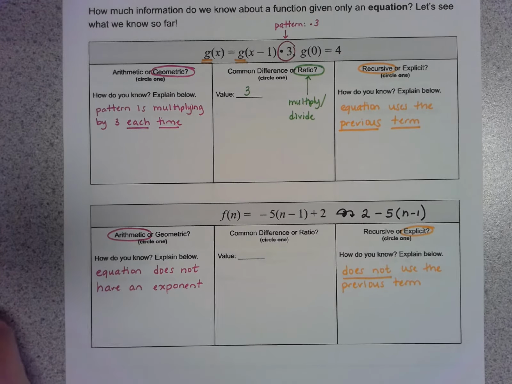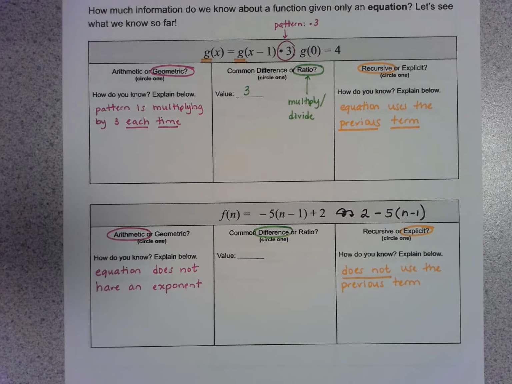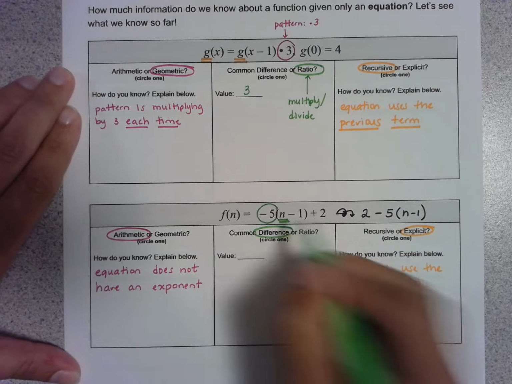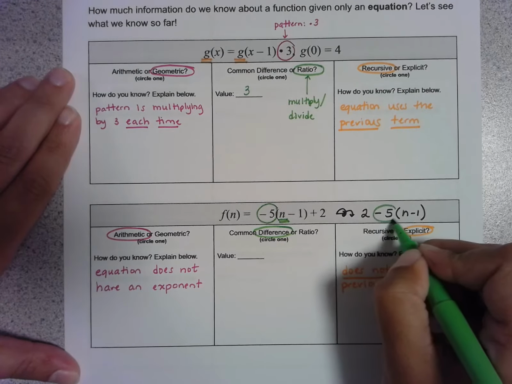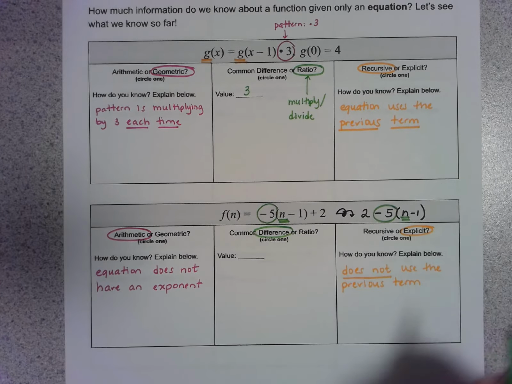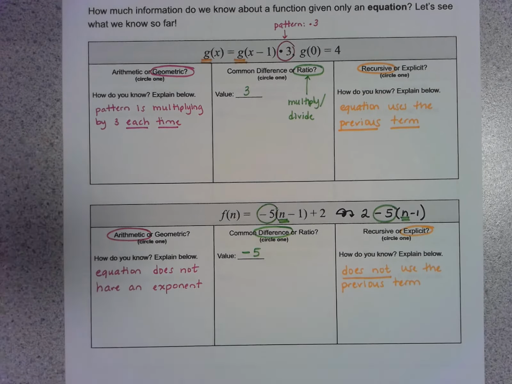That means there's automatically going to be a common difference. And we're going to find the common difference by looking at what number is multiplied by the variable. Because the -5 is multiplied by the parentheses with the variable, and it doesn't matter which order you write the equation, the -5 is going to be my common difference.